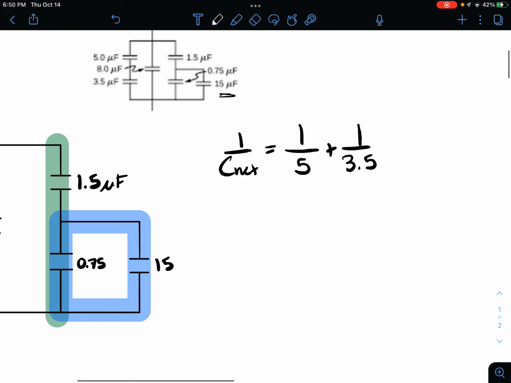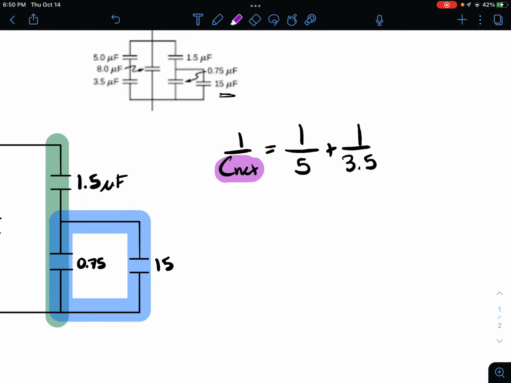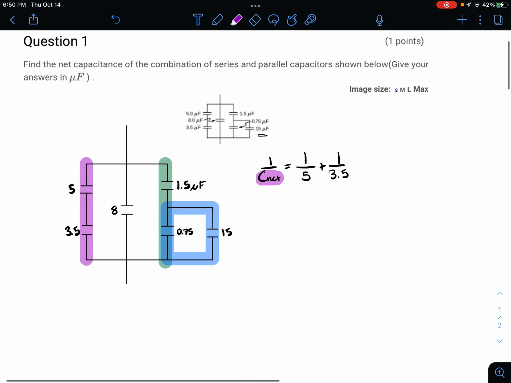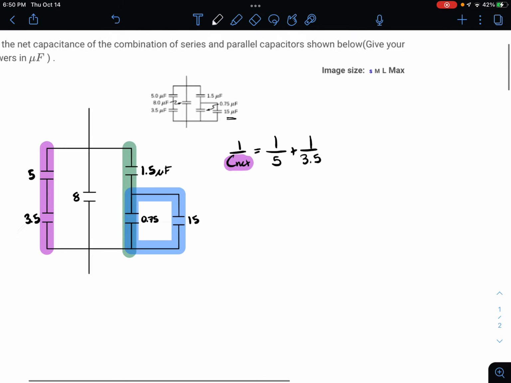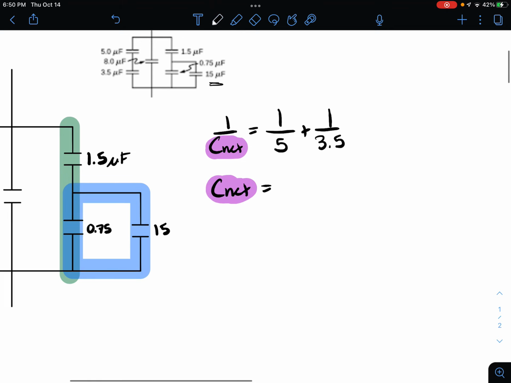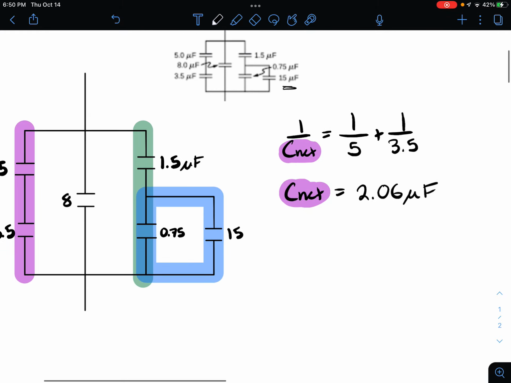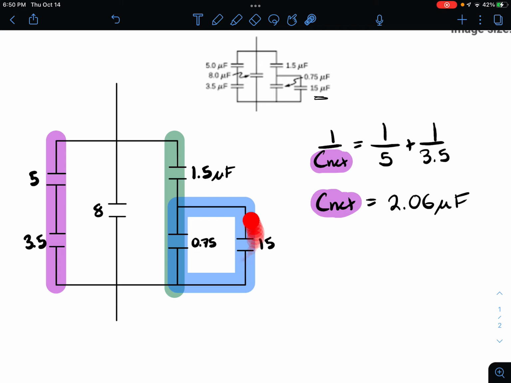And this isn't the C net of the entire system. This is going to be just our purple C net, right? So if we calculate all this out, we get that this purple C net equals like 2.06-ish, right?